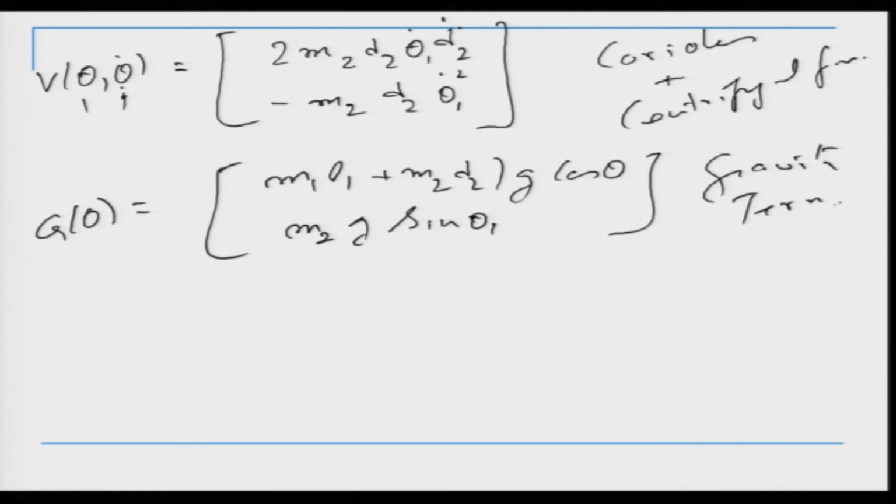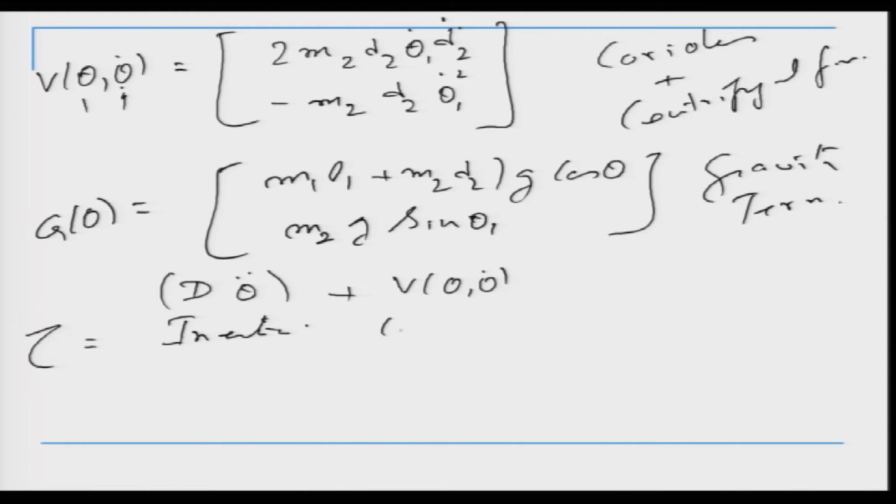So, the total dynamic equation, torque, if we write it like this, is equal to the inertia term, which I can write as the inertia matrix D into theta double dot, plus a term which is proportional to V of theta into theta dot. This is my Coriolis plus centrifugal forces, plus another term which is my gravity term, which I have written as g of theta.